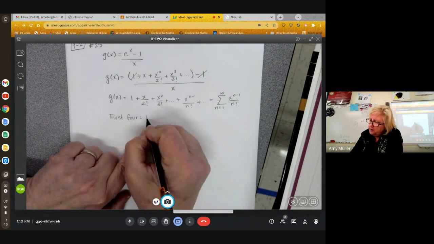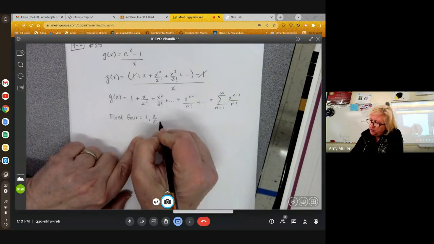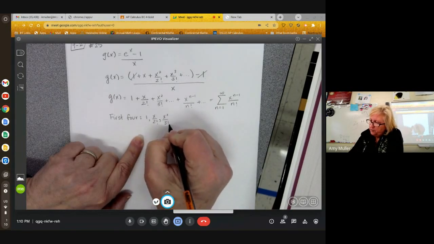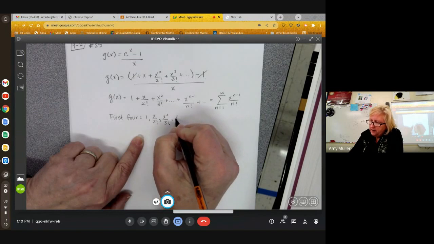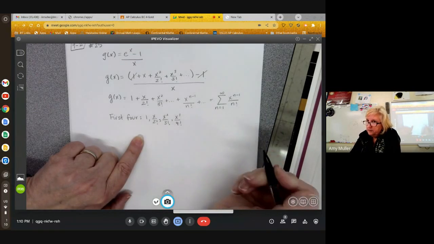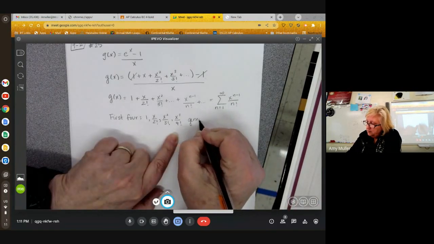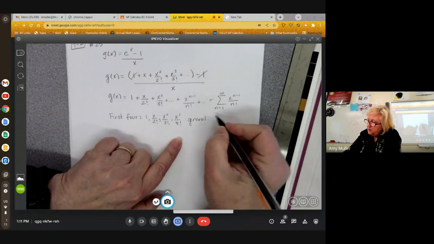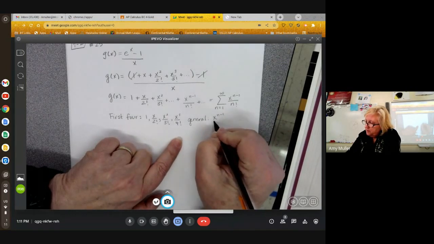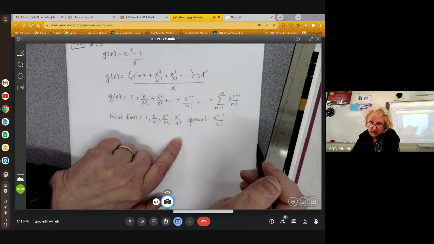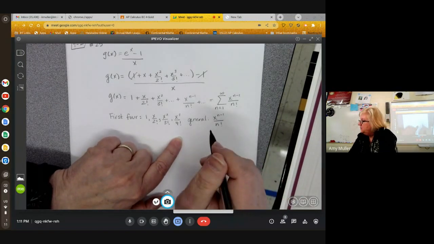But anyway, 1, comma, x over 2 factorial, comma, x squared over 3 factorial, and we can follow the pattern, comma, x to the third over 4 factorial. I'm just listing the first 4. And then the general term is going to be x to the n minus 1 over n factorial, or it could be x to the n over n plus 1 quantity factorial. All right, so that's part B.